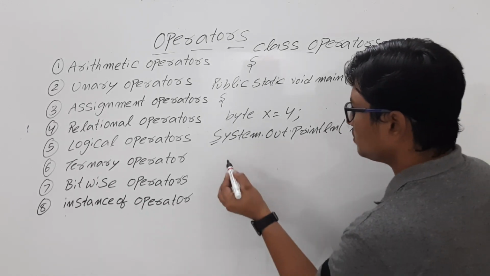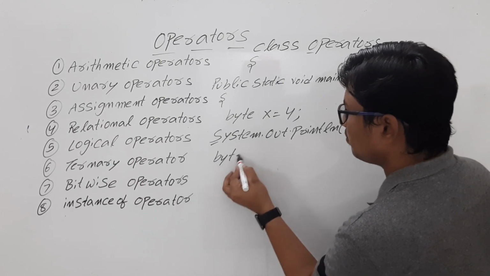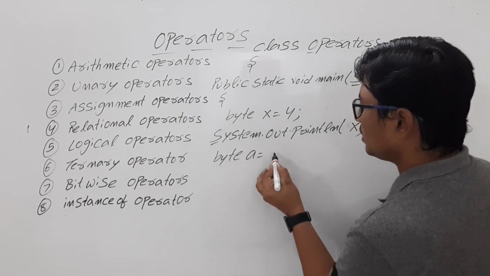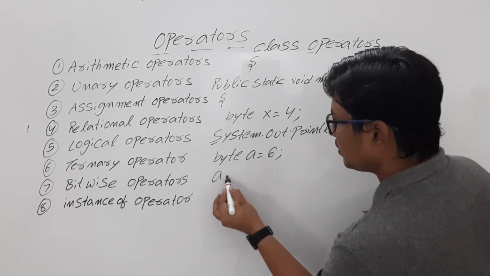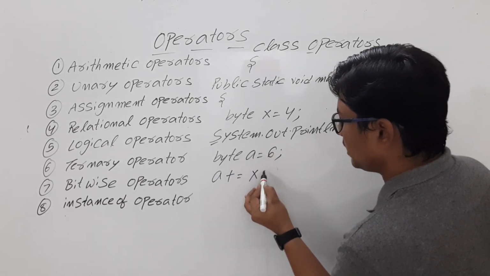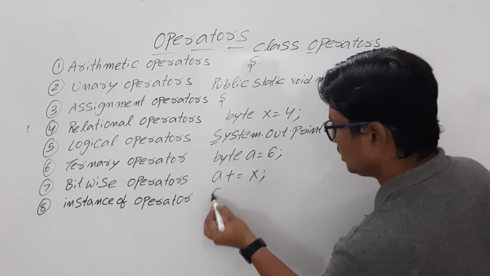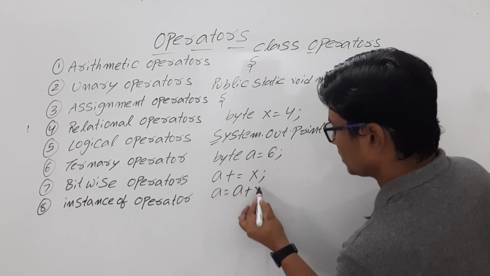Similarly, let's take byte a is equal to 6. Then you perform a plus is equal to x, which is nothing but a is equal to a plus x.